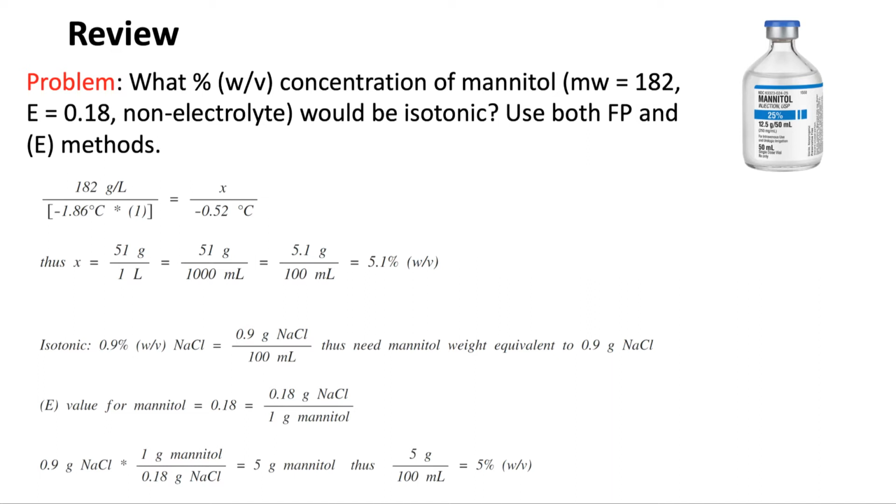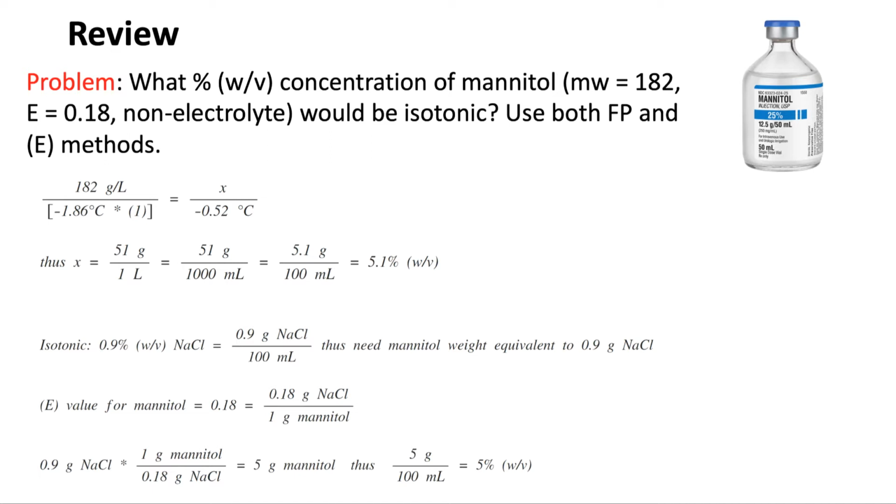Therefore, we need enough mannitol weight that would be equivalent to 0.9 grams for the 100 milliliters. We look up above and we see the E value of mannitol is 0.18. I'll remind you that means 0.18 grams of sodium chloride per 1 gram of mannitol.